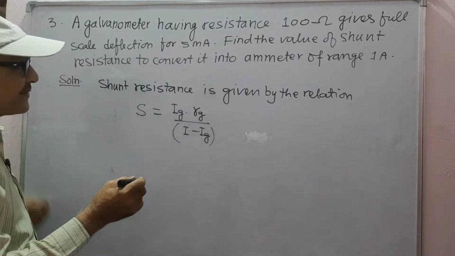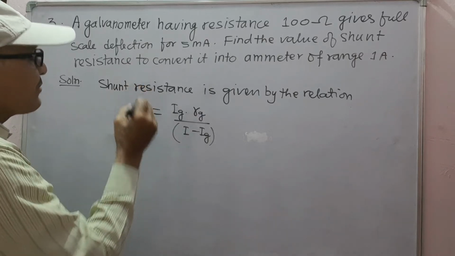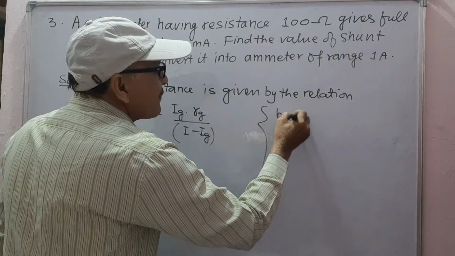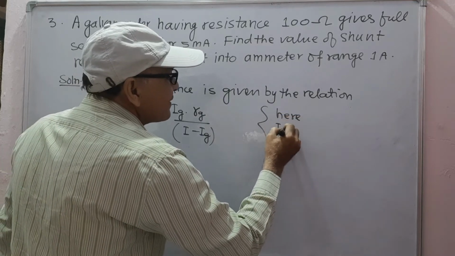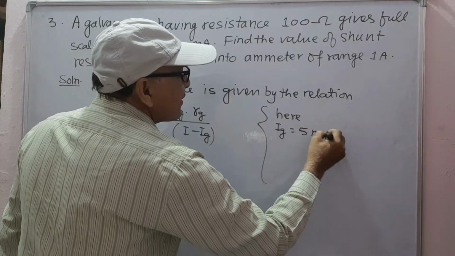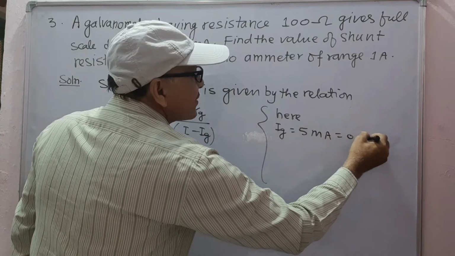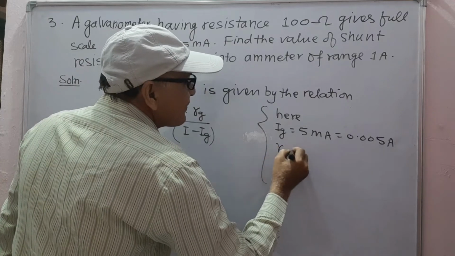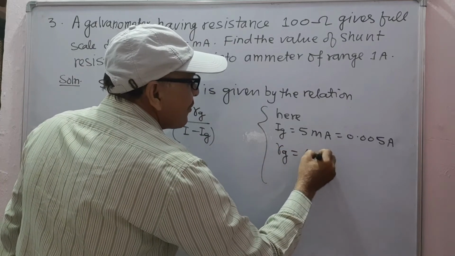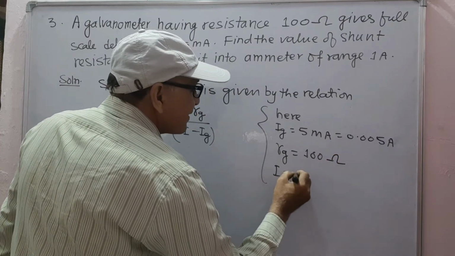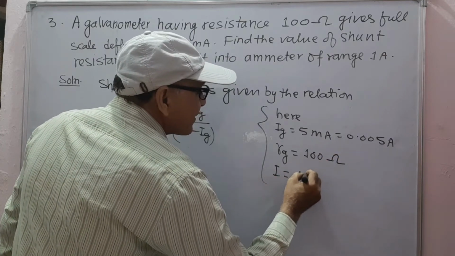Here Ig is the current for full scale deflection. Here Ig is 5 milliampere, which is 0.005 ampere. Rg is resistance of galvanometer 100 ohm and I is 1 ampere.